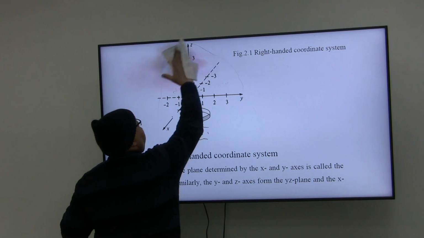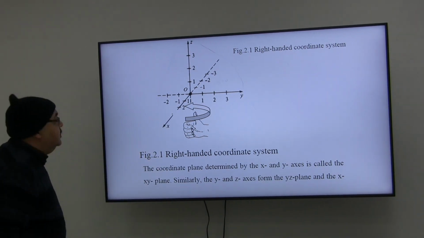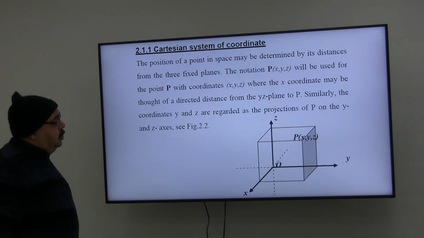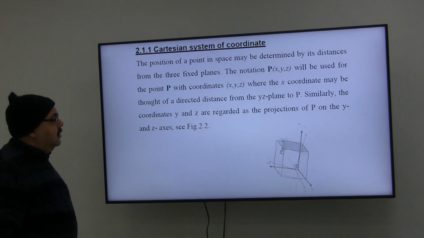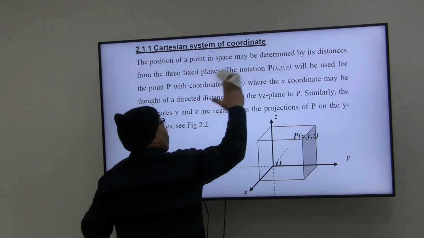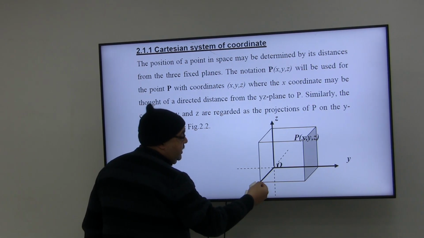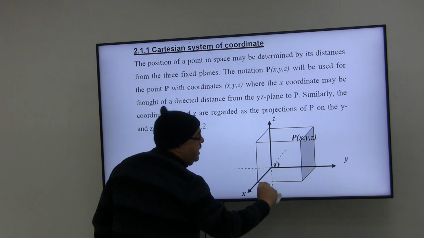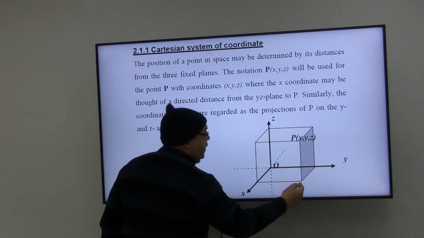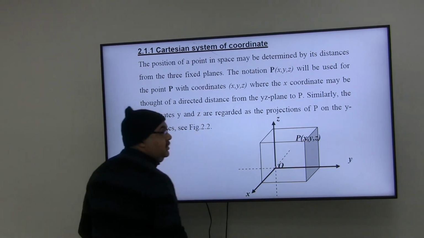Once more, this is the Cartesian coordinates, as you will see. Also, to reach any point in the Cartesian, I will move a distance x on the x-axis, then parallel to y, I will move the distance y, then I will go up parallel to the z-axis and get my point.